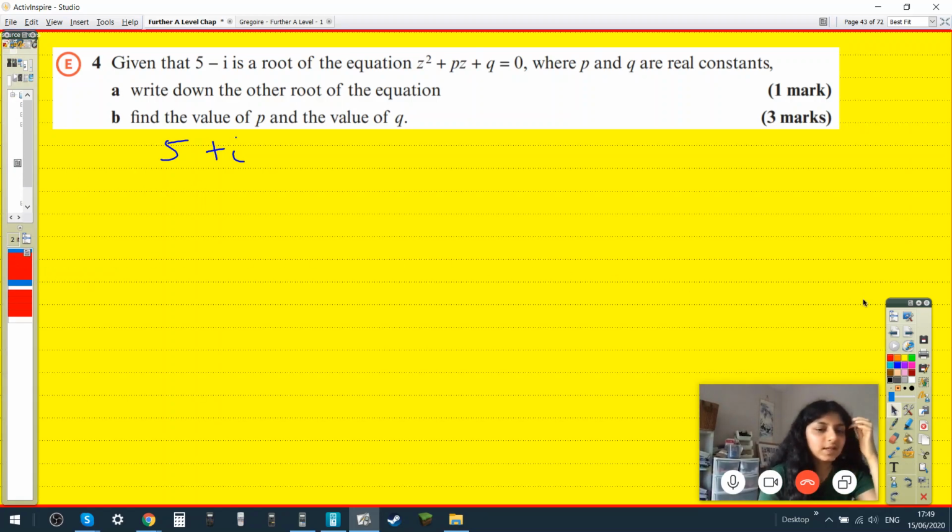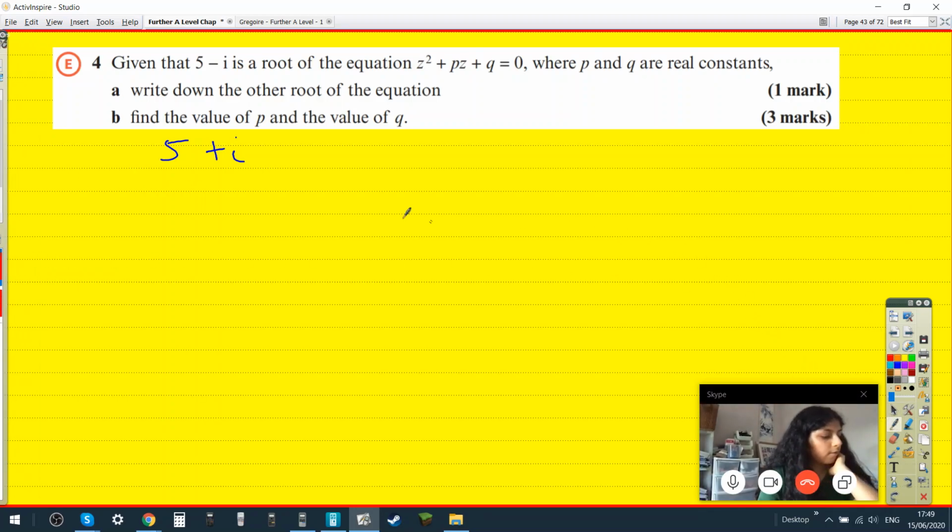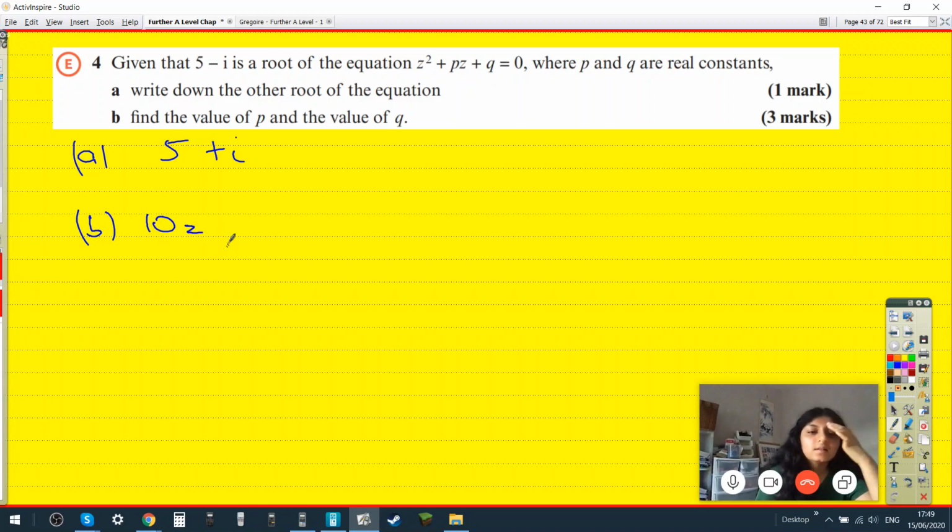So z squared minus 10z. Why do I keep saying i? No, it's z squared minus 10z. P is 10.